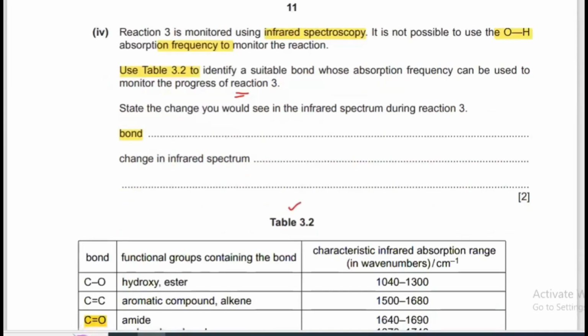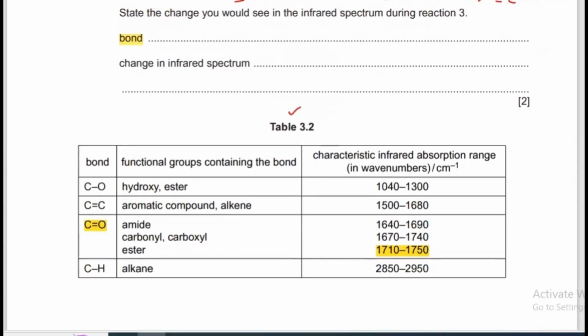So in reaction 3, actually, you have the 2-degree alcohol, and that is converted into this ester. Now look at the data. There is no data regarding alcohol, so you can't use the data of alcohol because you don't have the characteristic infrared absorption range of the alcohol.